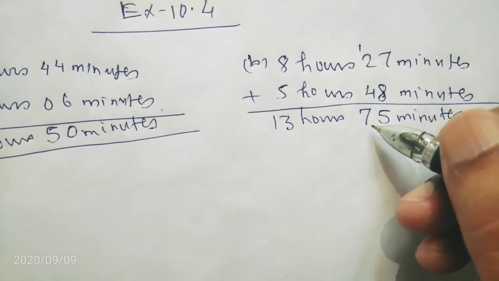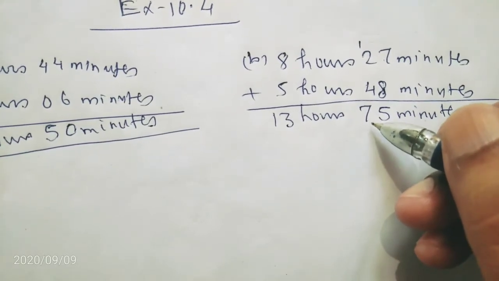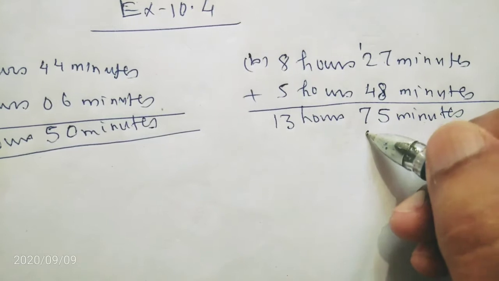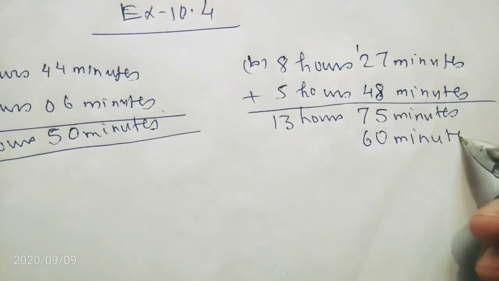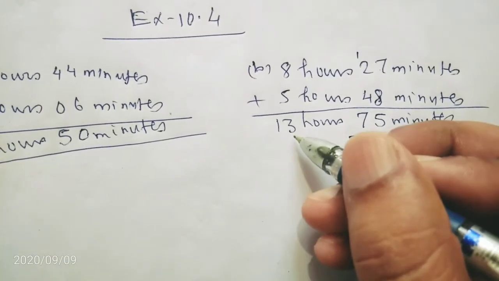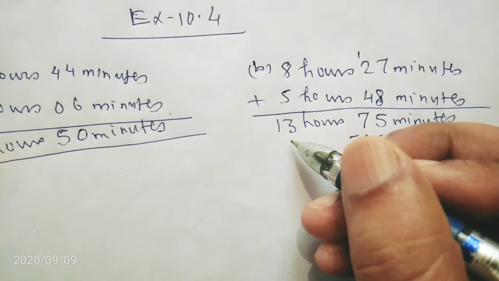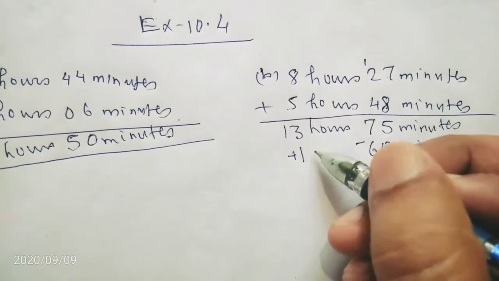That means you have to minus 60 from here, because it should not be more than 60. So here you will minus 60 minutes.